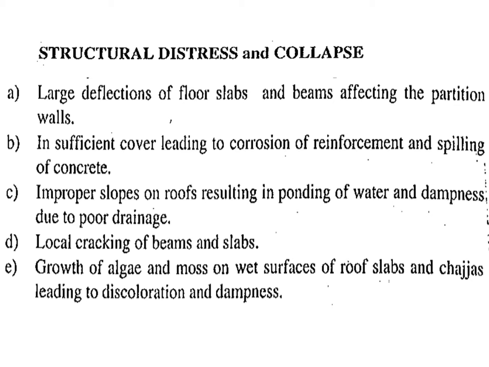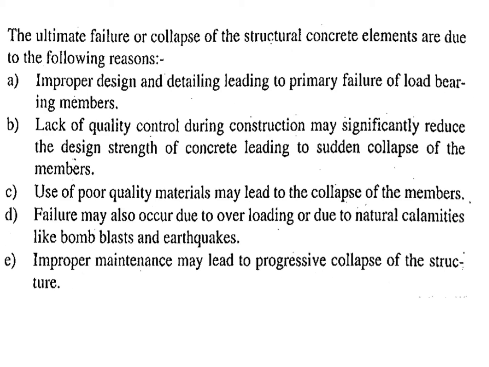This may be due to large deflection of floor slabs and beams affecting the partition walls, insufficient cover leading to corrosion of reinforcement and spalling of concrete, improper slopes on roofs resulting in ponding of water and dampness due to poor drainage, local cracking of beams and slabs, growth of algae and moss on wet surfaces of roof slabs, leading to discoloration and dampness. The ultimate failure or collapse of structural concrete elements is due to the following reasons.